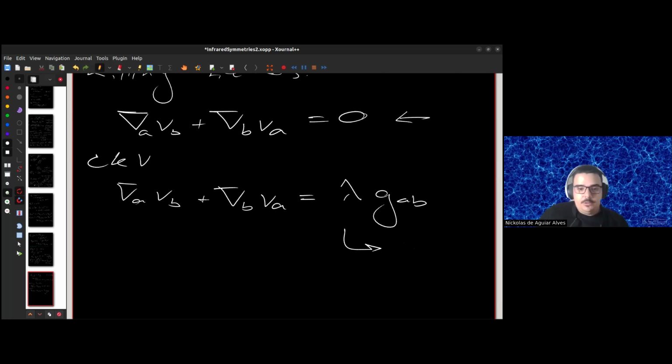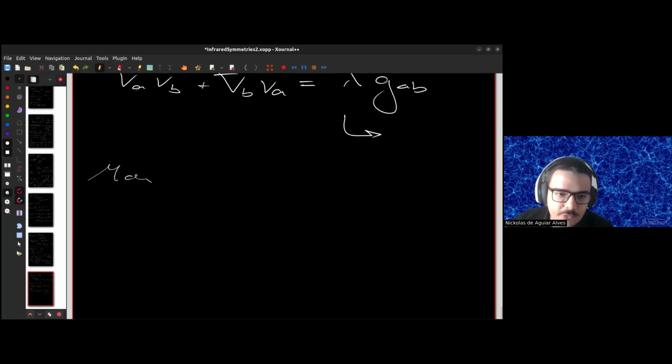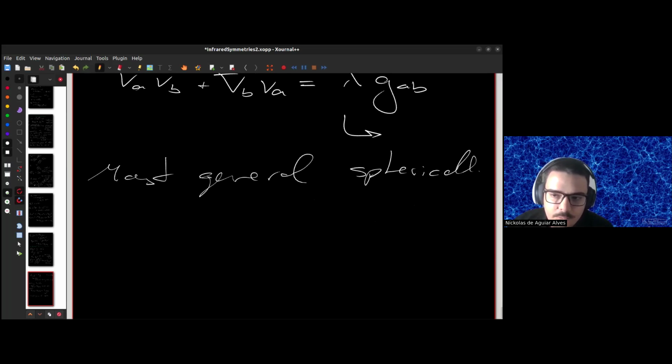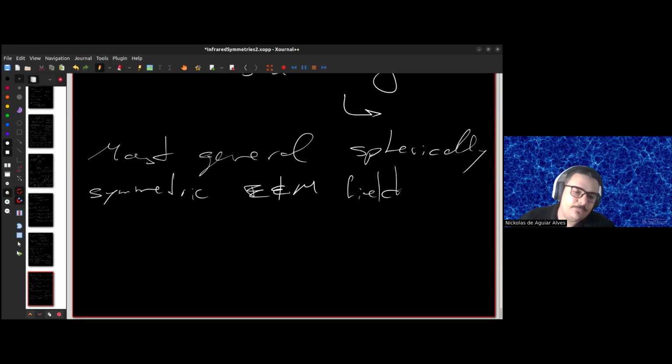And to give an example of how we can use the Lie derivatives in that exercise for modes that I mentioned earlier, so the most general spherically symmetric metric field, what you're going to do here is you're going to pick the Killing fields that generate a spherical symmetry.